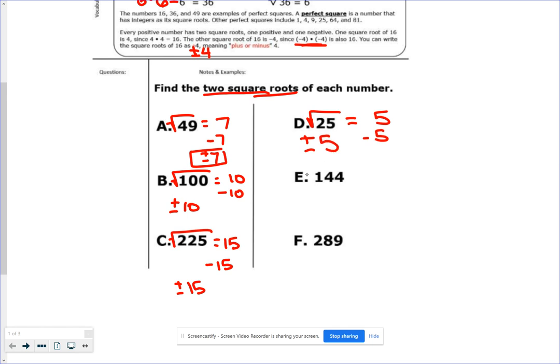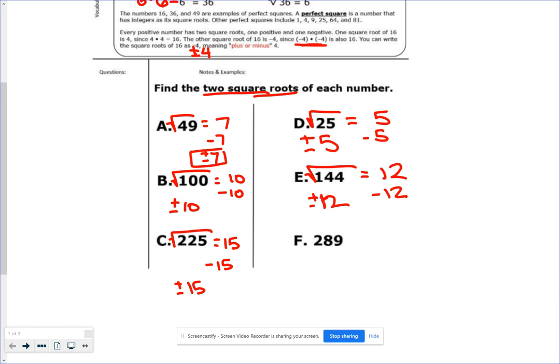144, another one you might not know. So use your calculator. Plug it into your calculator to get what times itself will give us 144. Well, the calculator gives us 12. But we know that that's not the only answer. It's also a negative 12. So it's plus or minus 12. Oops. There we go.